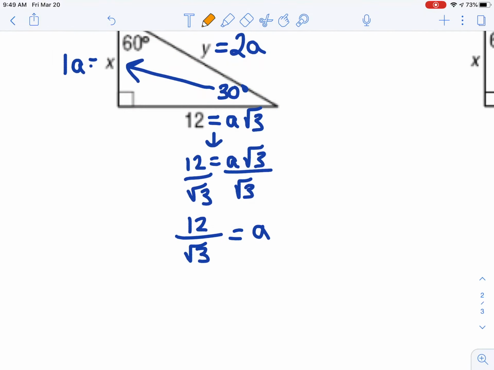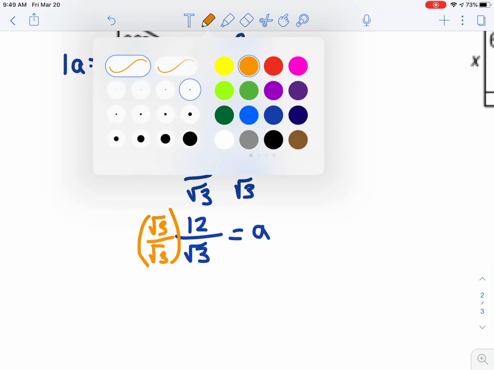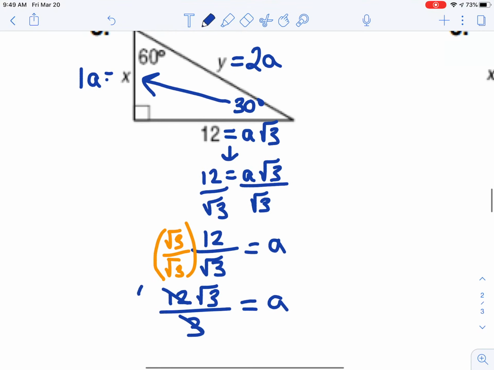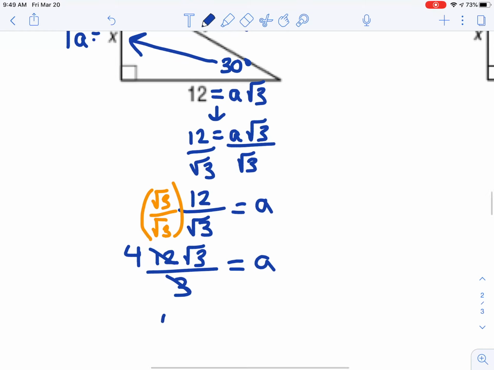So, to get rid of the radical in the denominator, you multiply by rad 3 over rad 3. Remember you can do that because rad 3 over rad 3 is 1. So I'm going to get 12 rad 3 over 3, which simplifies to 4 rad 3 equals A.